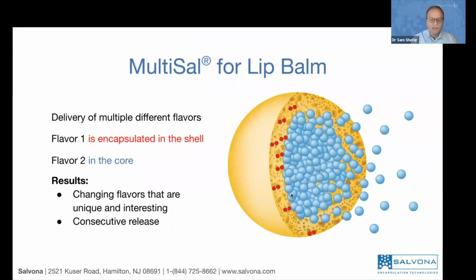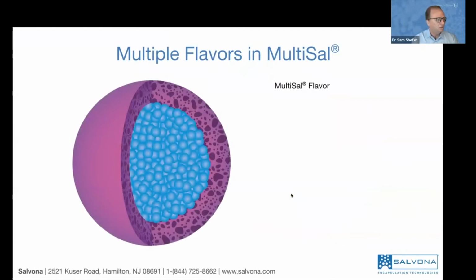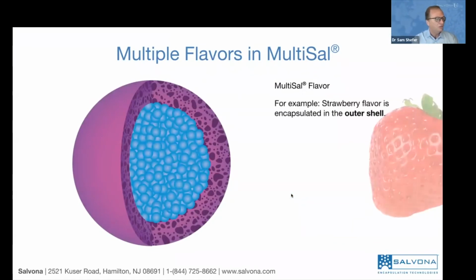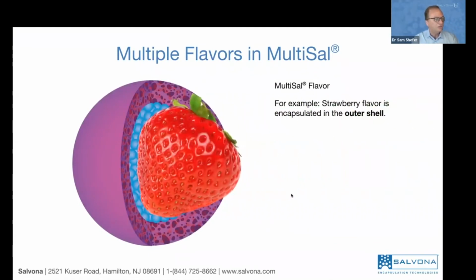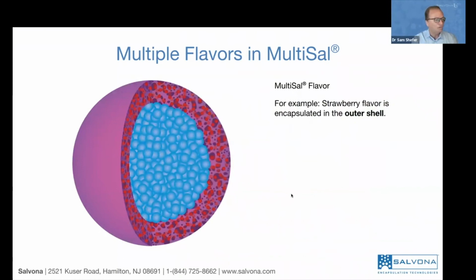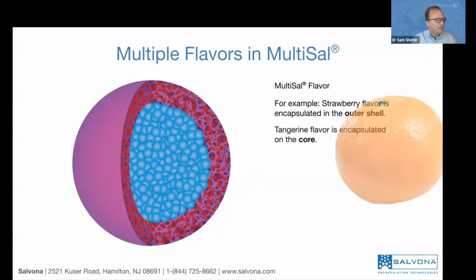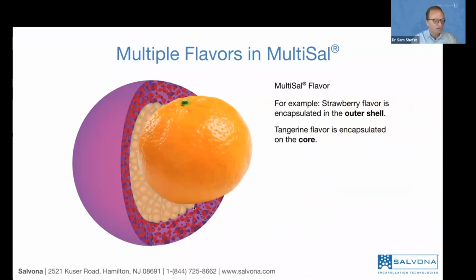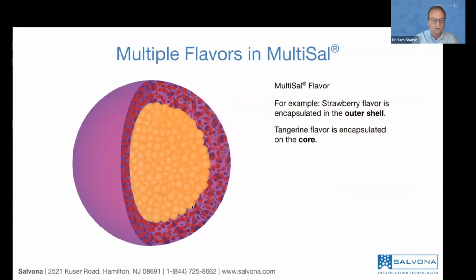And I show you another option that you can use. In addition to the flavor, here you can see two different flavors, like strawberry in the outer shell. You see how the strawberry turned into particles in the shell, and the tangerine goes inside the core. So as a result, what will happen?